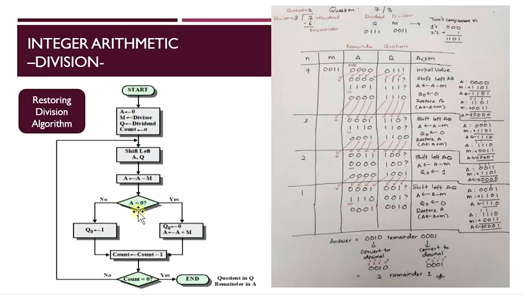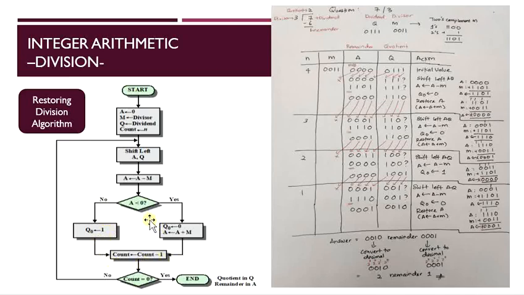If the MSB is 0, it means that it is a positive number. If the MSB of A is 1, it means that it is a negative number. If it is a positive number, it will go to the no direction. So Q0, you should restore with 1. After that, you count minus 1.